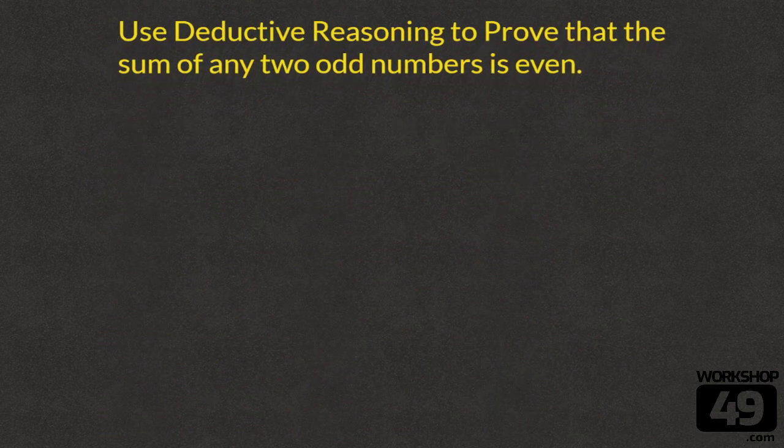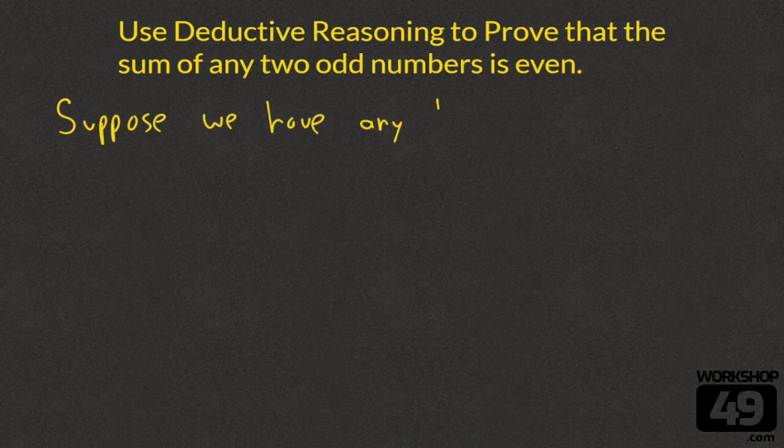To deductively show this, we have to begin by, suppose we have any 2 odd numbers. Aha! We just saw this game. But how do you write an odd number?